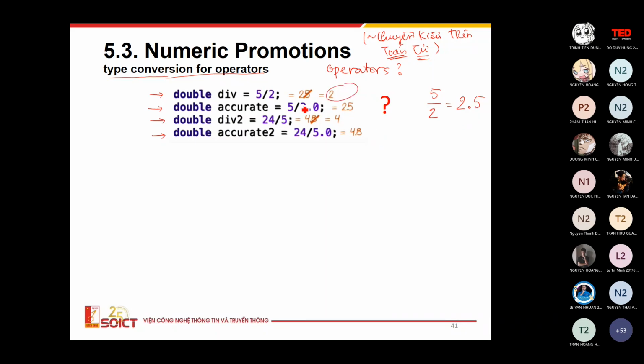Okay. Again, if you type it like this, 5 divided by 2.0, you will get 2.5. Okay. So what happened? Okay, this difference comes from the numeric promotion. Okay, so let's see how it does with the operator.